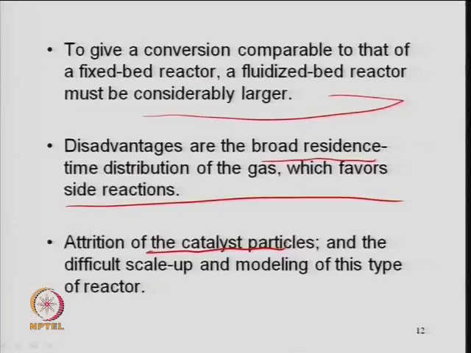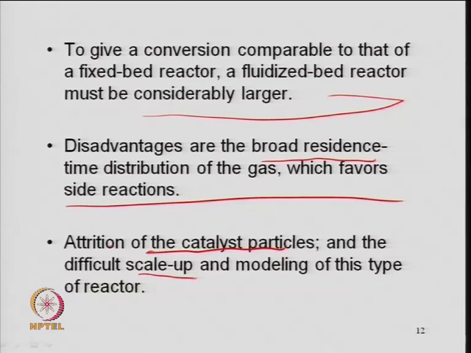So, it is important that the catalyst should have enough mechanical strength also, right. That is again an important issue when you look at fluid catalytic cracking; you need to add some kind of promoters or additives which enhance the stability of the catalyst in terms of mechanical resistance or attrition resistance. That is also to be checked, because in the case of fluidized bed reactor, this problem is severe.